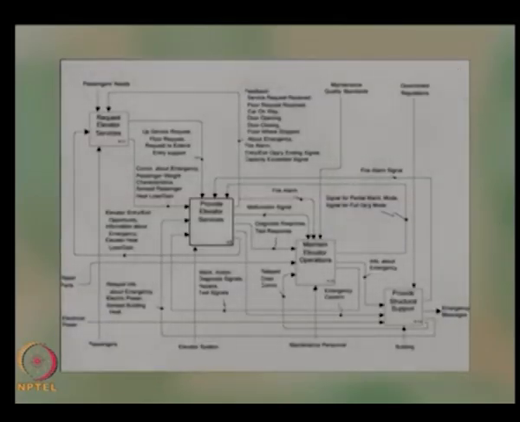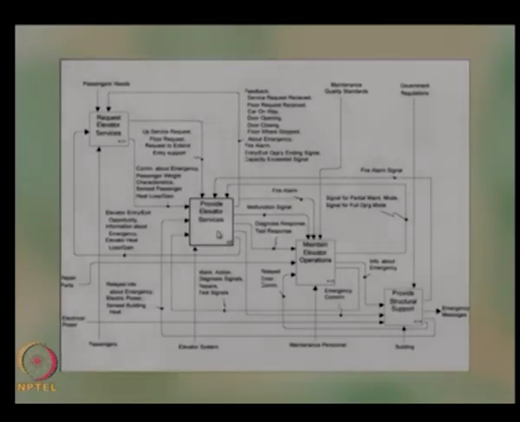This actually shows the system diagram, or the different functions and the external system interaction diagram. So you can see these are the passengers, the elevator system is the main system, and these are the external systems: the maintenance personnel, the building, government regulations, maintenance quality standards, and then the passengers' needs.